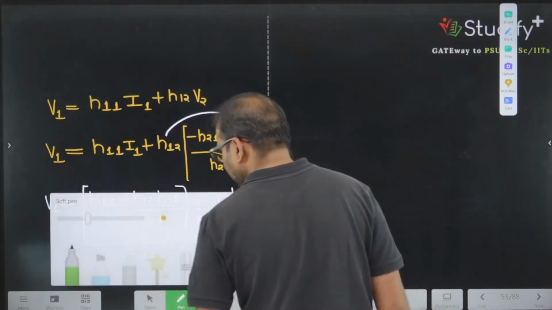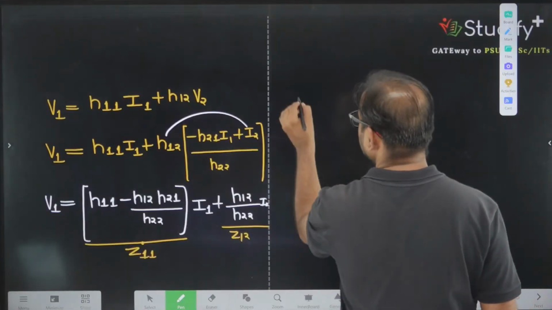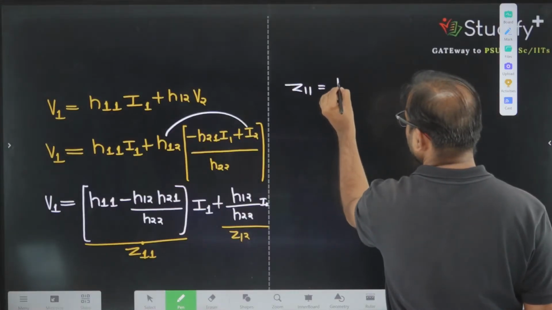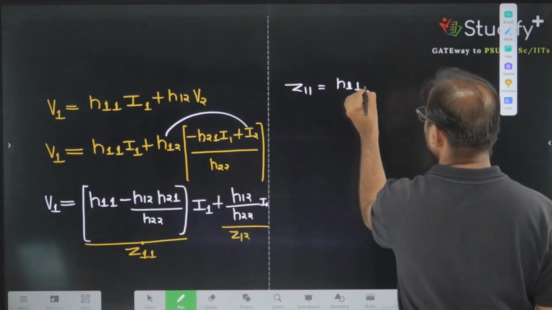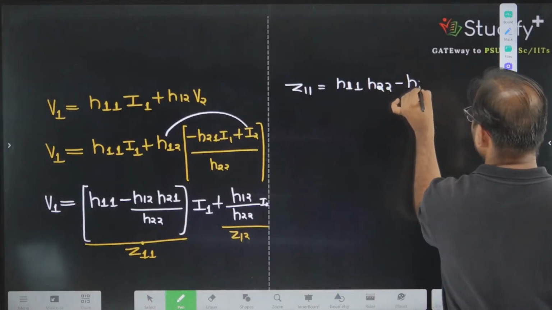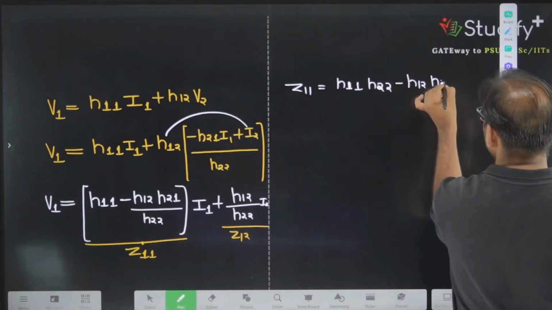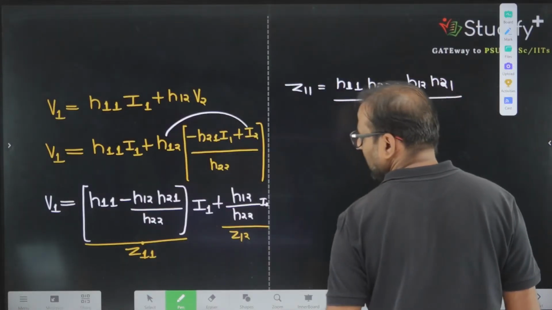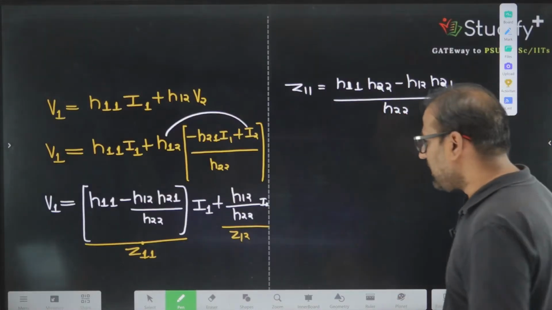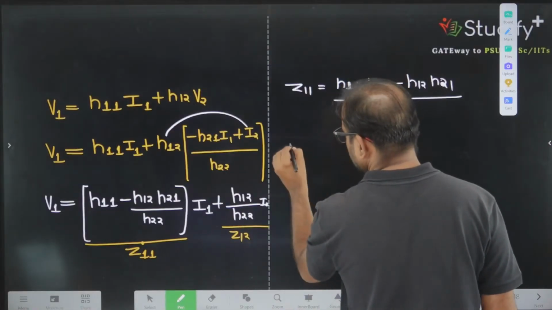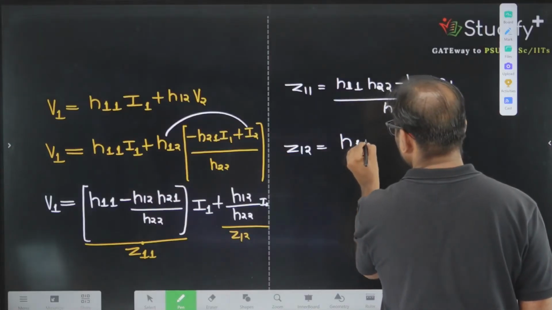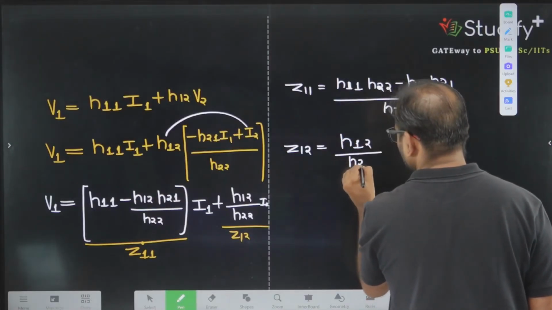So you can say Z11 is given by H11 H22 minus H12 and H21, and here it is divided by H22. Correct? And you can say Z12 is defined by H12 divided by H22.